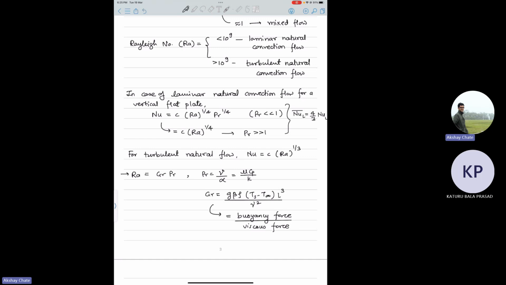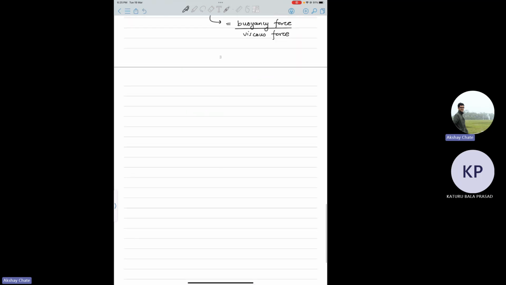And then there are empirical relations which are already given in the class, so you need to use them. And then there is boiling and all. We'll discuss them with the help of maybe some example later. So right now we'll solve some problems. I think the theory is already discussed; I just wanted to brief upon some topics which were not discussed. So we'll take the first simple problem.